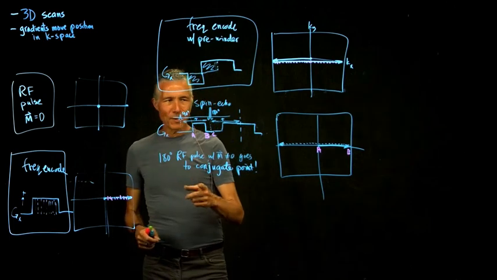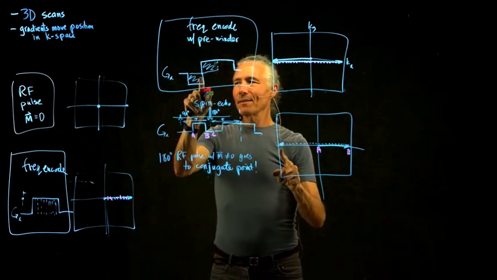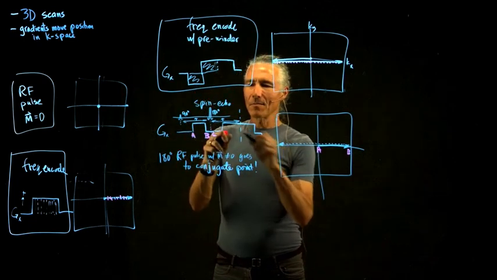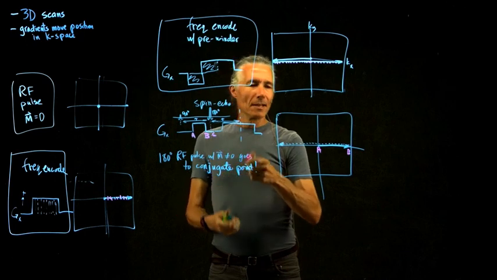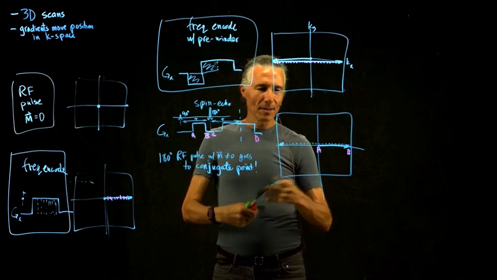That's what the RF pulse will do. So now we're pretty much where we would have been if we had done this. And then we do the readout again, and the readout will then just run us back across.